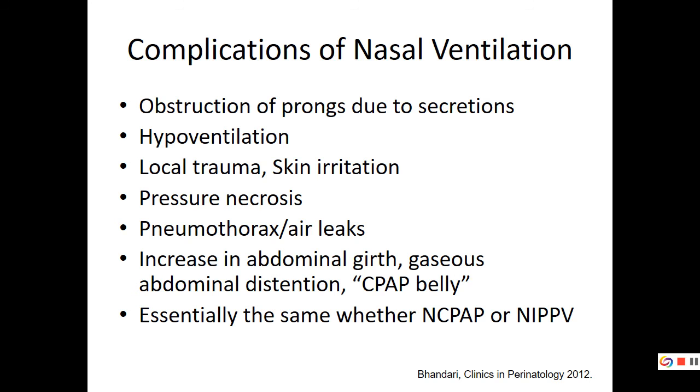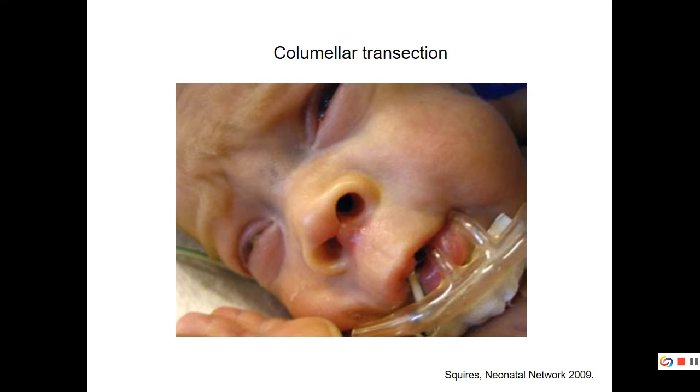Some babies will develop what we call CPAP belly, so they get too much air in their stomach. Ideally, we would be able to force all the air directly into the trachea and into the lungs, but we know that some of the air is going to go into the stomach, into the GI tract. And I don't really differentiate any of these complications more or less with nasal CPAP or nasal IMV.